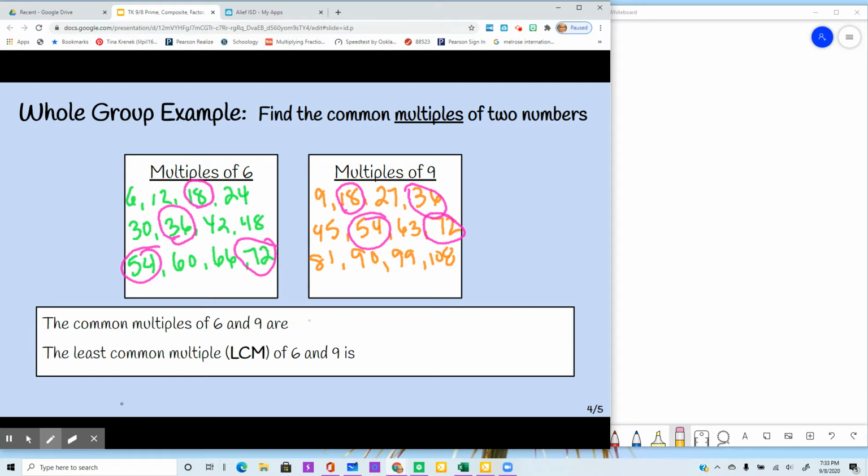So the common multiples, and I'm just talking about the multiples through 12s, are 18, 36, 54, 72. The least, the small one, is going to be 18. So this is going to be important as we move into equivalent fractions. Make sure you take these notes in your notebook.